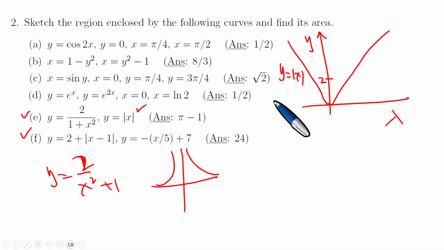Just 1 second. So that in the end, you need to get this one right. And obviously, you are dealing with y equals exactly 2 over 1 plus x squared.